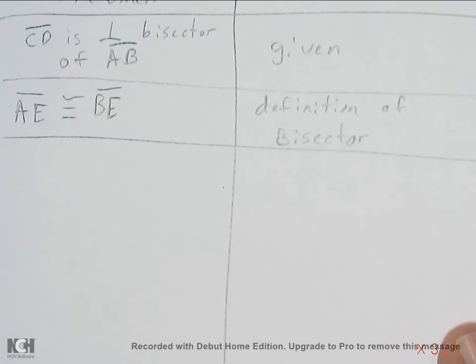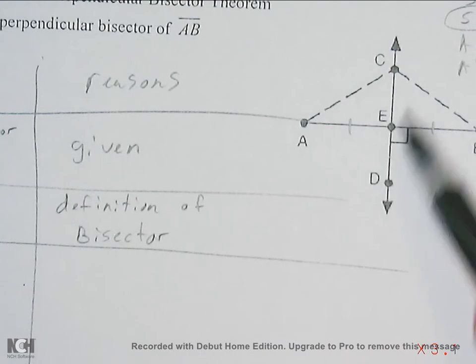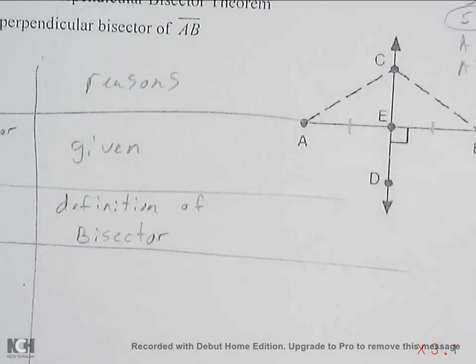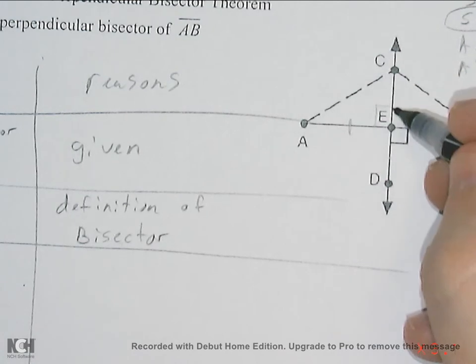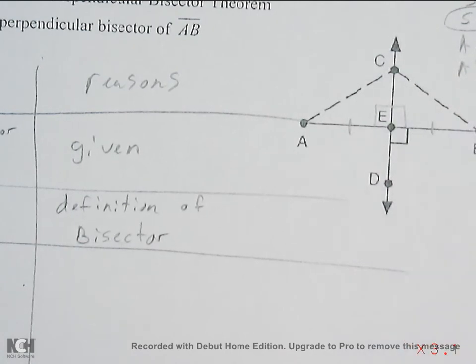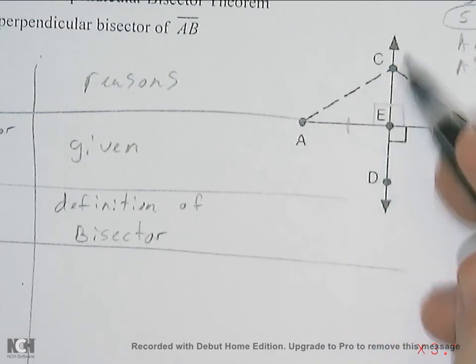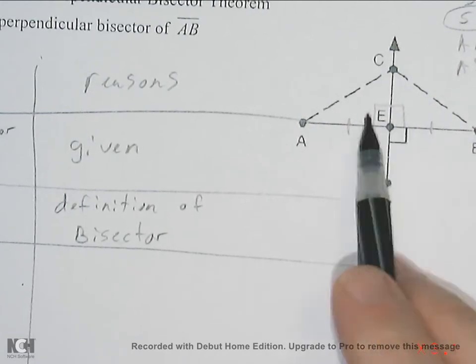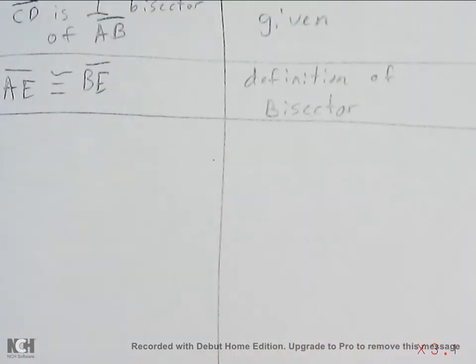Then I can also prove, since this is a perpendicular bisector, that this angle is 90 degrees and this angle would be 90 degrees, right? That's the definition of a perpendicular line, right? That it intersects at 90 degrees. That means that those angles would also be equal to each other because they'd both be equal to 90 degrees.